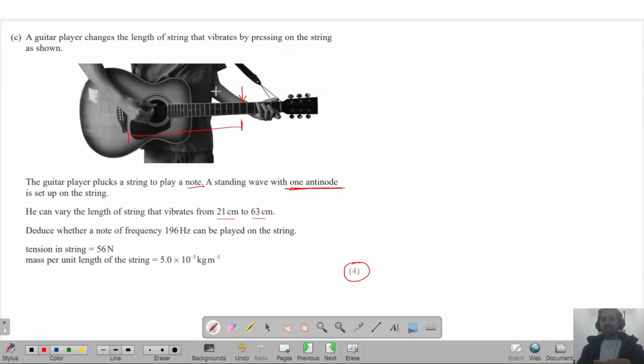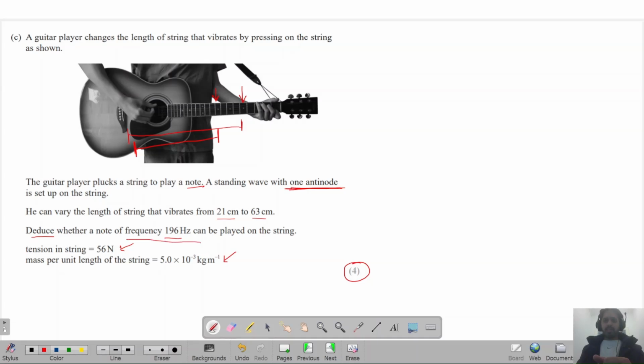So he can press at this position, and the fixed length will be this. So he can change the length, and we have to deduce whether a note of frequency 196 Hertz can be played on the string. And we are given these things: the tension in the string and the mass per unit length for the string.